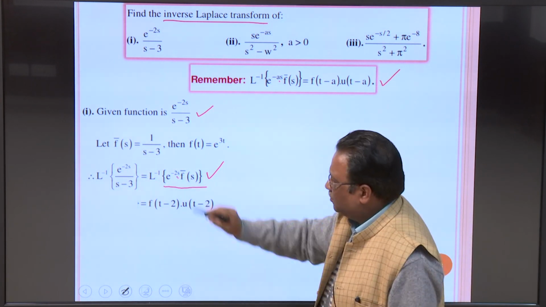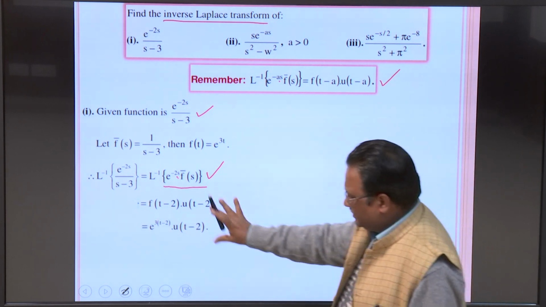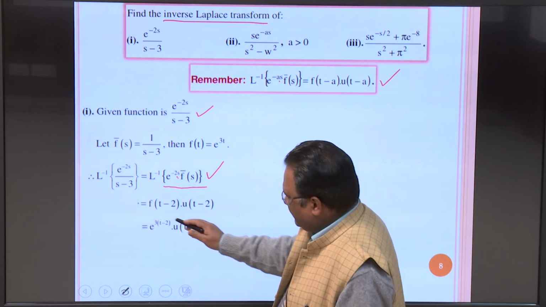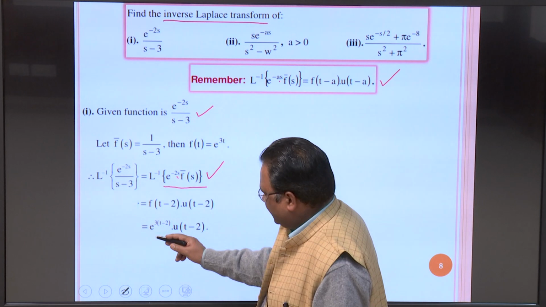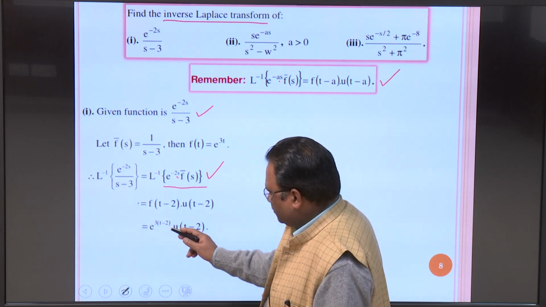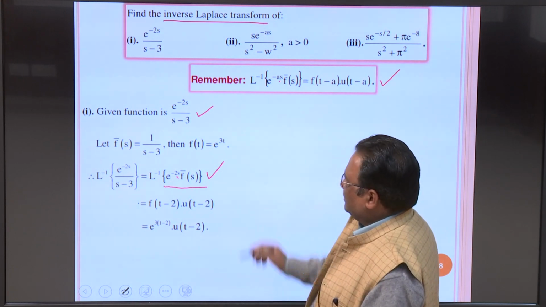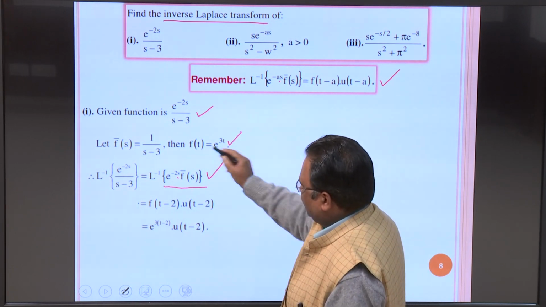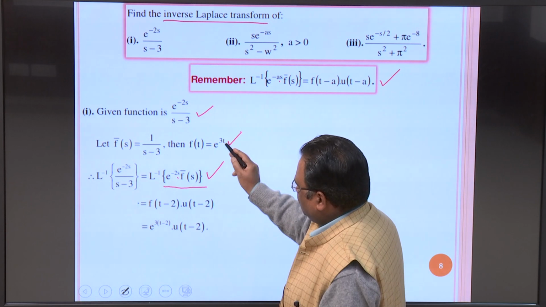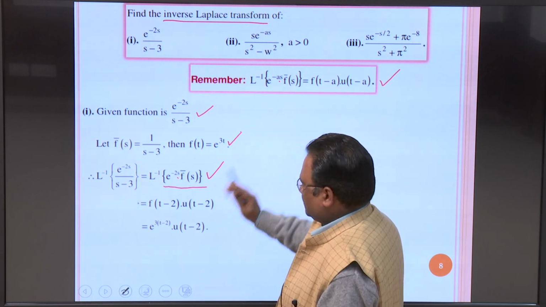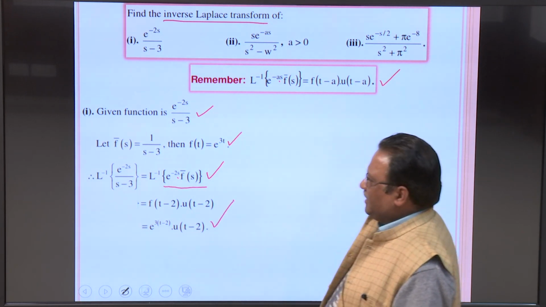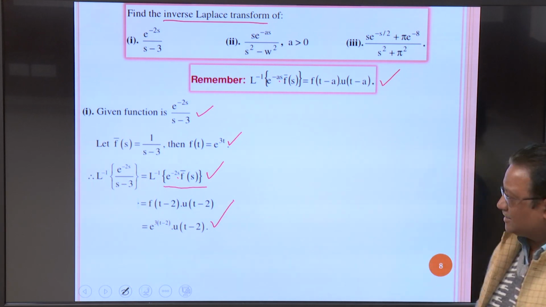A is 2, clear. So just evaluate this one. So f(t minus 2) means e raised to power 3(t minus 2) and u(t minus 2), clear. So we get f t is this, when t is t minus 2, then it becomes 3(t minus 2). Okay.